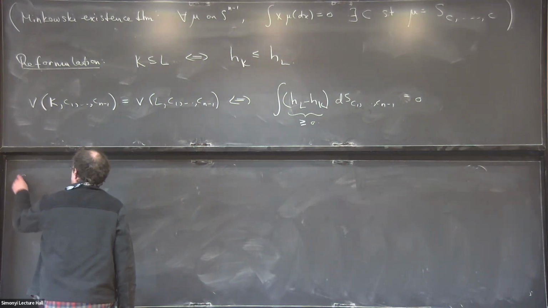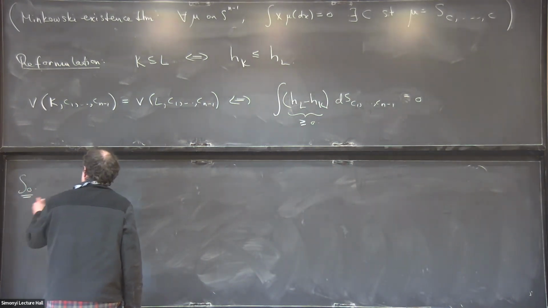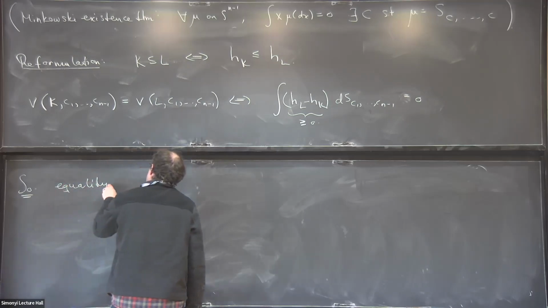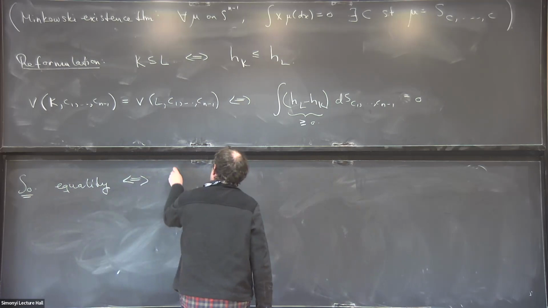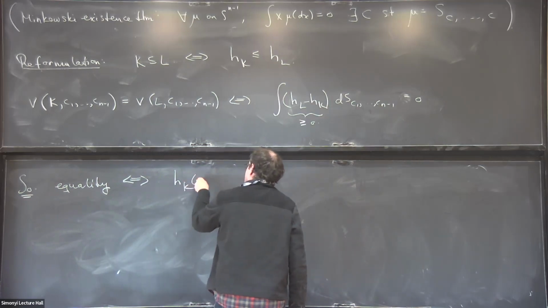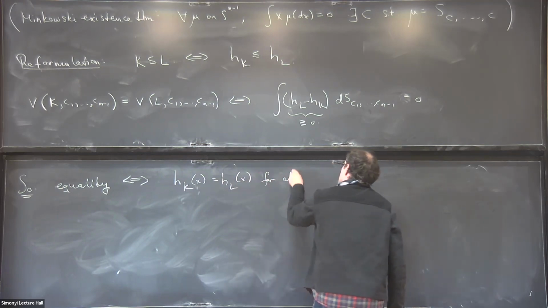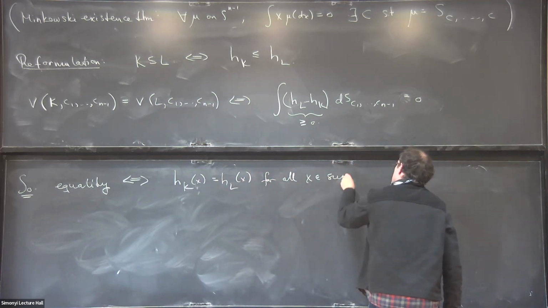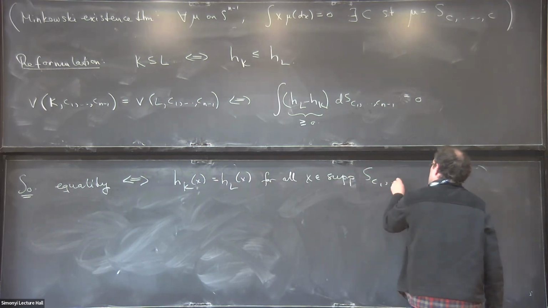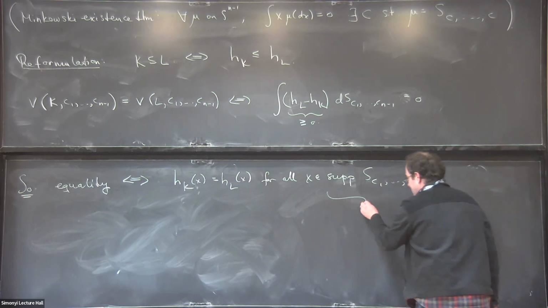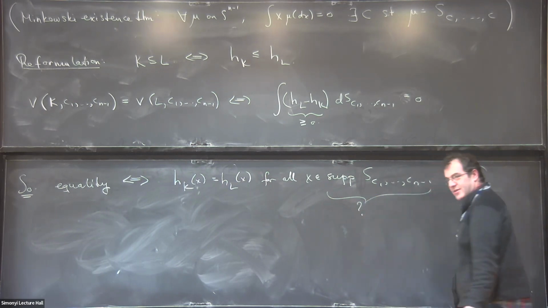So the point is, we have equality of monotonicity if and only if HK of x equals HL of x for all x in the support of this measure. And the question is, what is that?